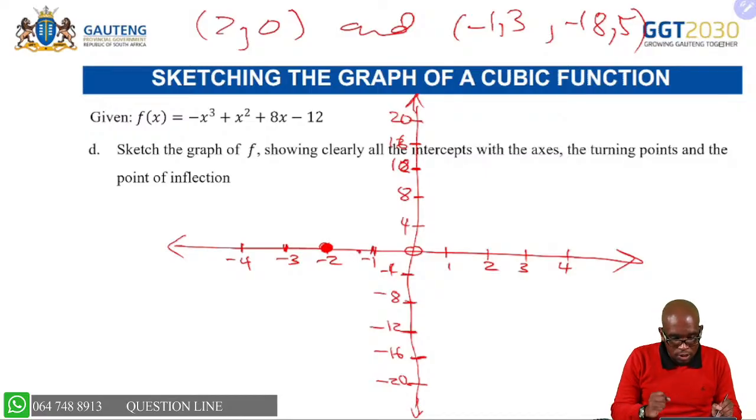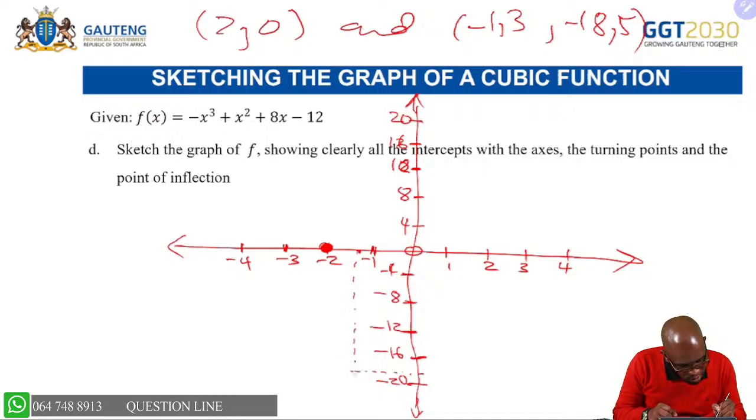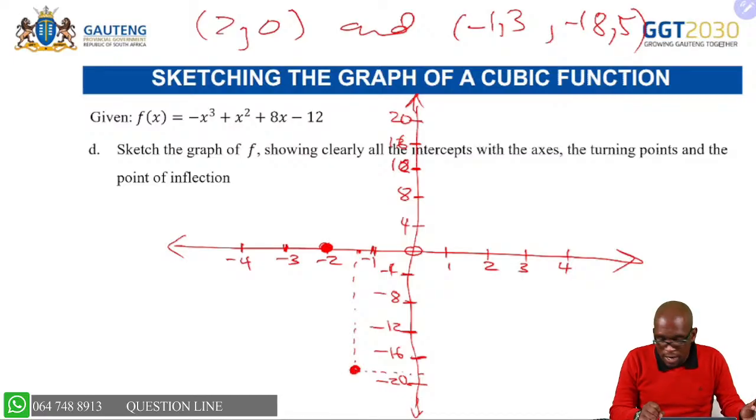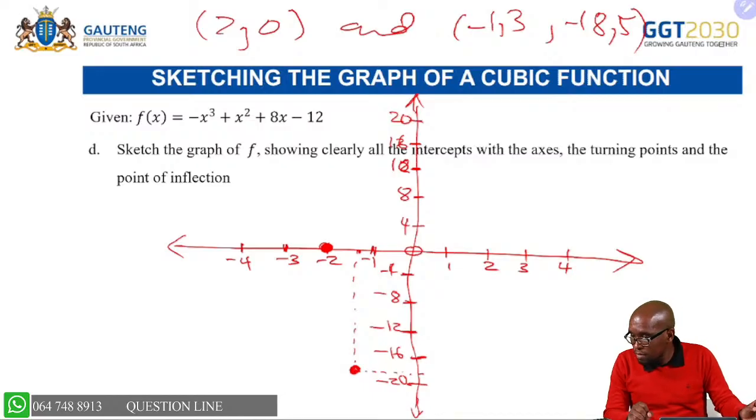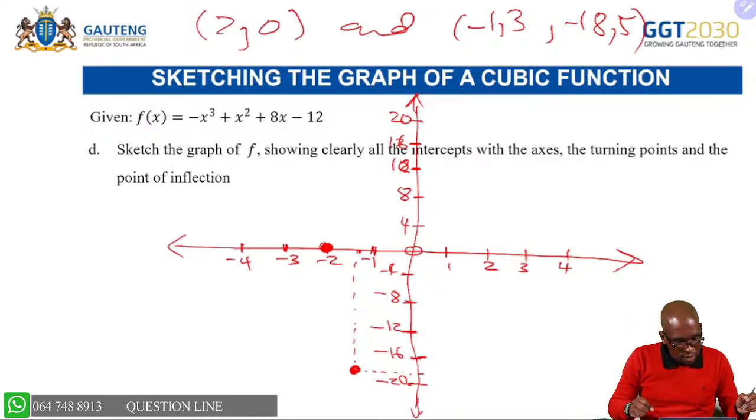And then it should be matched with minus 18.5, which is almost minus 19. So it's going to be approximately here. Minus 1.3 and minus 18.5. And then I have my y-intercept at minus 12.